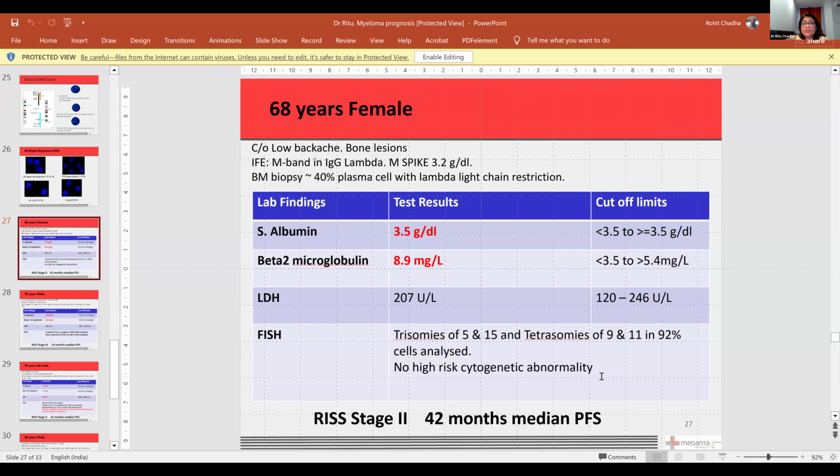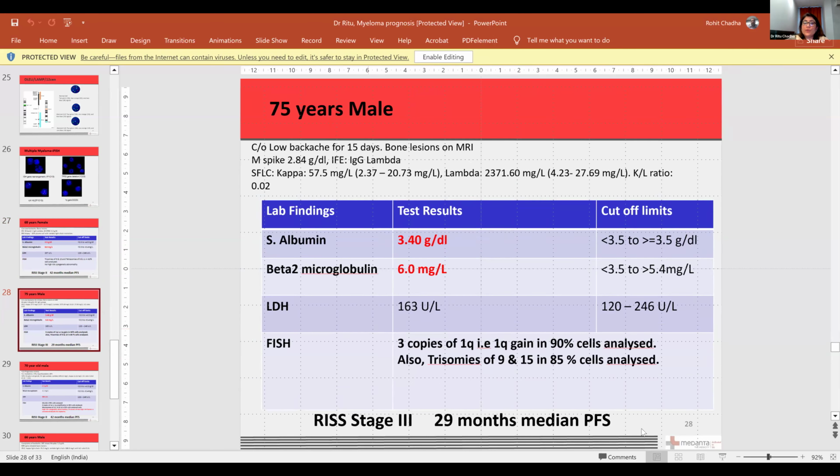There is no high risk cytogenetic abnormality. So this patient would be RISS stage 2 with 42 months of median progression free survival. This was obtained by putting the values on a calculator, or you can form your own table and refer to it based on the values.